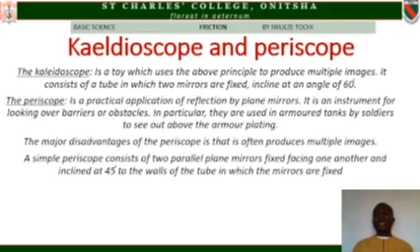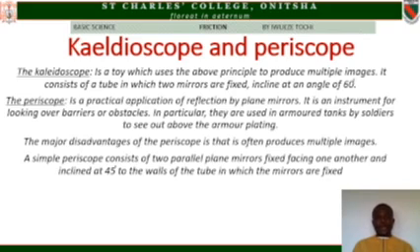So in the formula we see above for the number of images formed by plane mirrors, in a kaleidoscope, two plane mirrors are placed at an angle of 60 degrees, and the two plane mirrors will produce multiples of images. So that is what happens in a kaleidoscope.